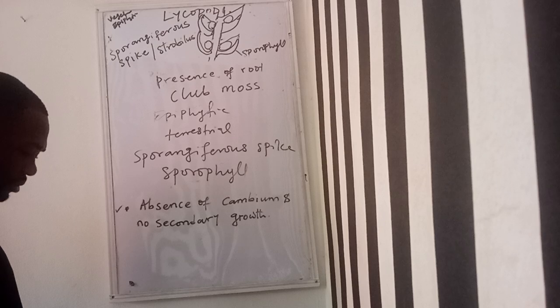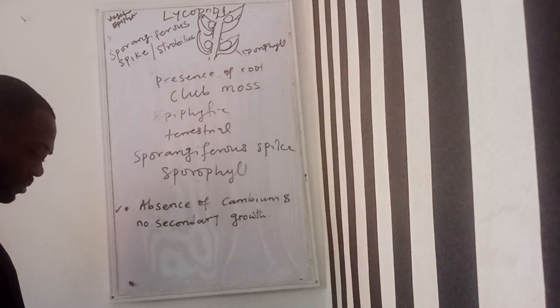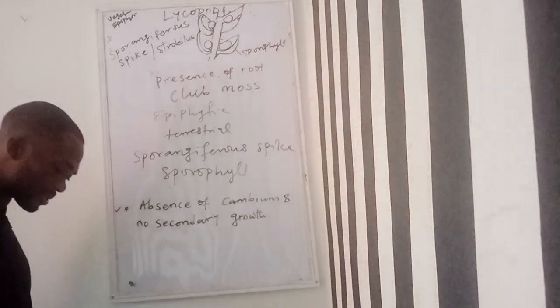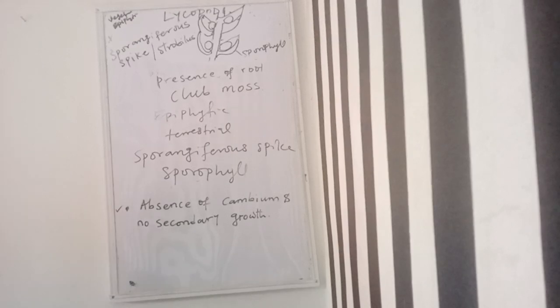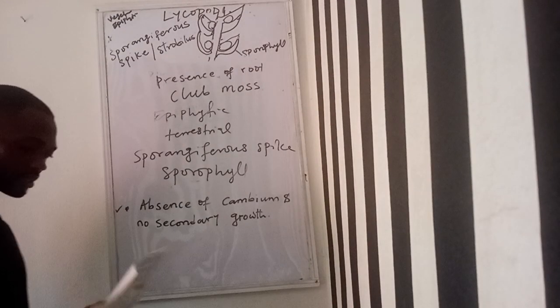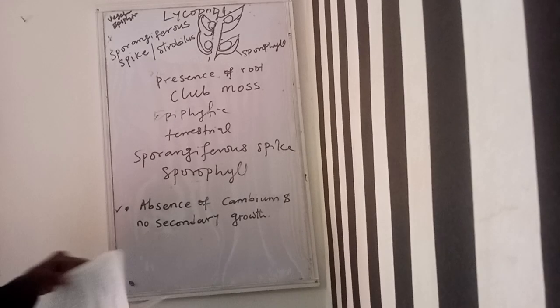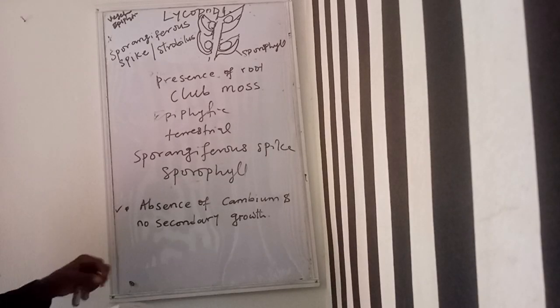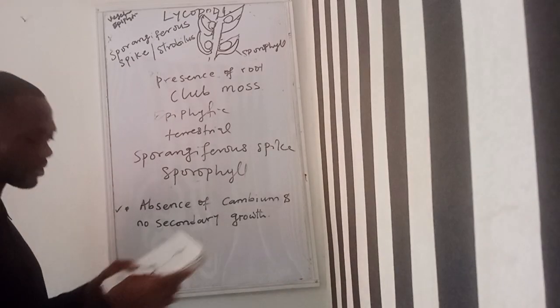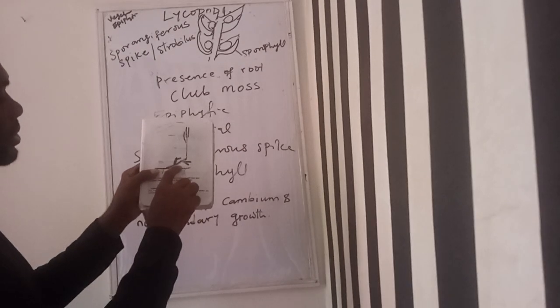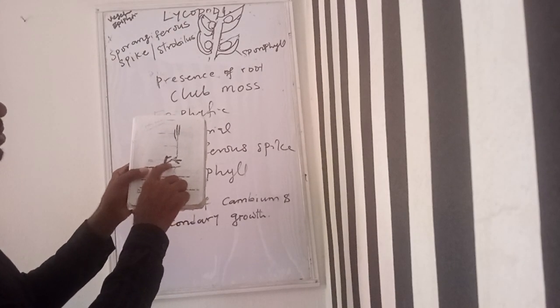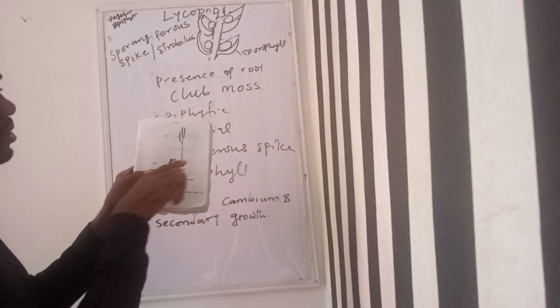Then the branches are covered by numerous small spirally arranged leaves that are pointed. Let me show you that. Look at these spirally arranged leaves.